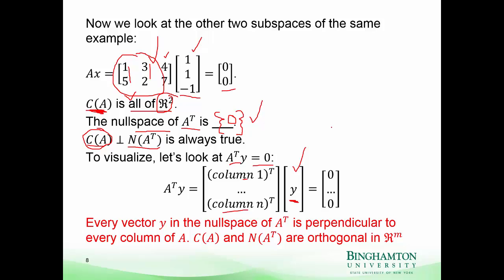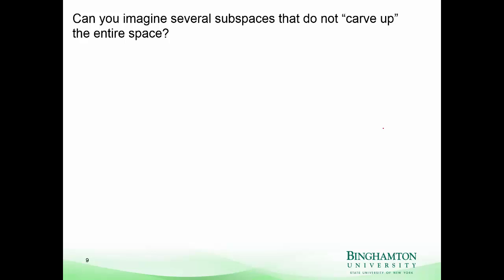So every vector Y in the null space of A transpose, in general, is perpendicular to every column of A, and therefore the column space and the left null space are orthogonal, and we could use that to puzzle that out for this example.